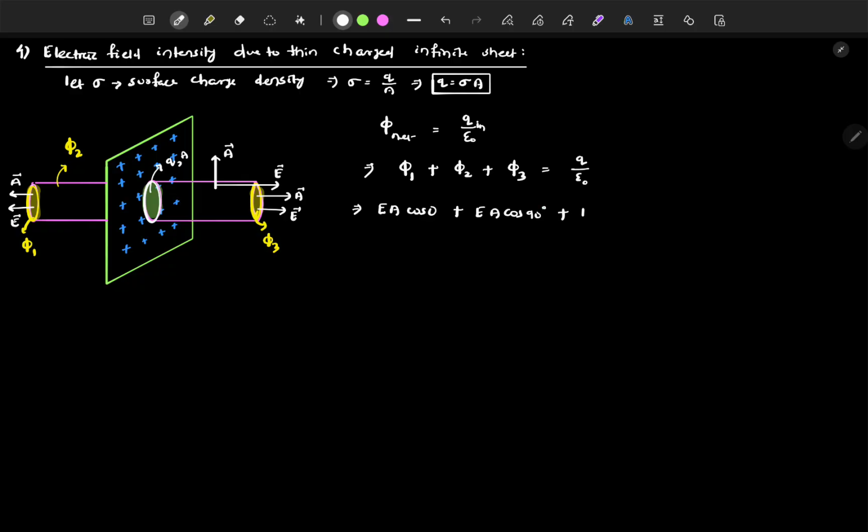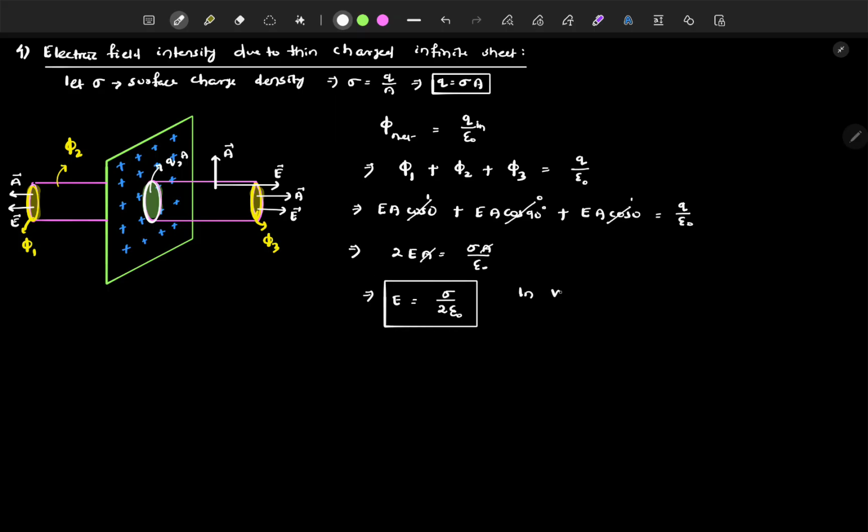And for phi 3, they are in the same direction, so it is E A cos 0. That is equal to Q divided by epsilon naught, and Q is equal to sigma A. Cos 90 is 0 and cos 0 is 1, so it will be 2EA equal to sigma A divided by epsilon naught. After solving we get E is equal to sigma by 2 epsilon naught.